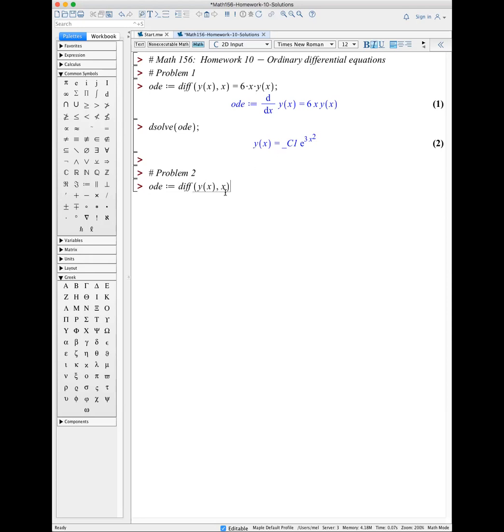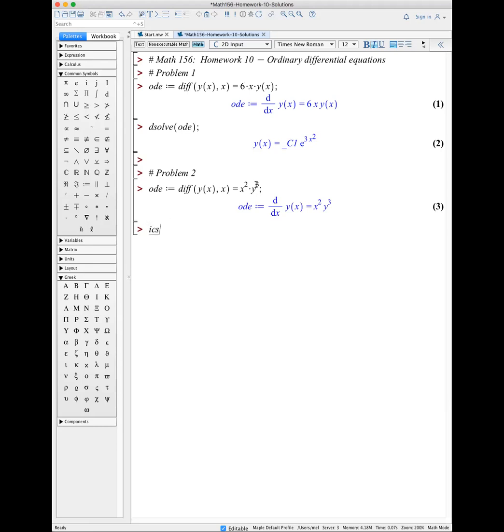If I put in one x, it's the first derivative. Two x's would be a second derivative, which I need in a later problem, but not this one. The differential equation is dy/dx equals x squared times y cubed.